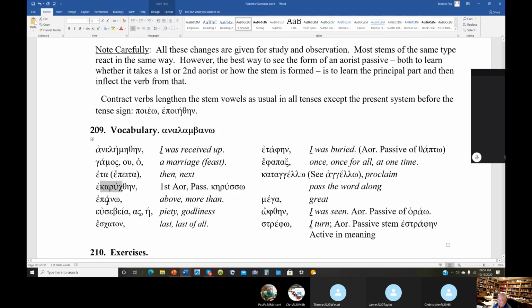Okay. All right. Epano. And so what we do is it's above. And Eusebia. And this is, of course, good. And this is piety. This word is translated two different ways. It's piety whenever it's referring to your treatment of people, like you show piety towards your mother and grandmother in 1 Timothy 5.